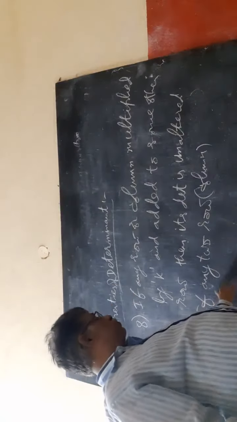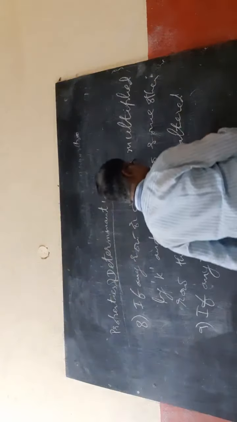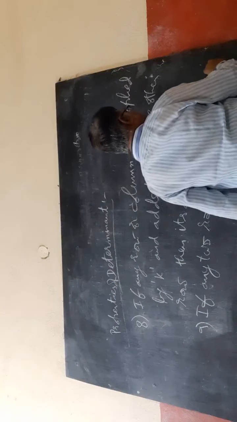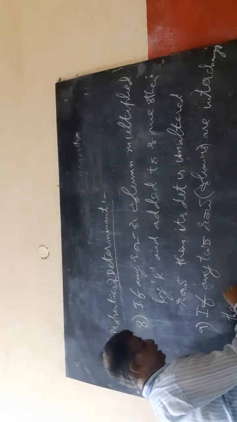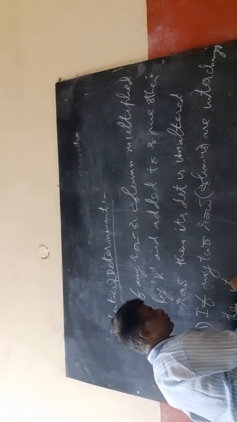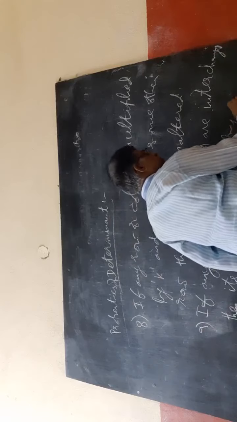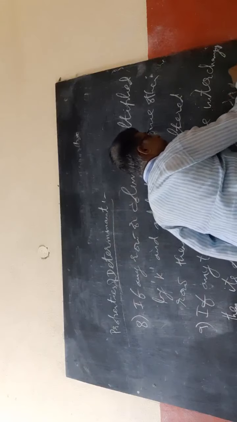So if any two rows or columns are interchanged, then its det is changed by sign. Sign means positive becomes negative, negative becomes positive.